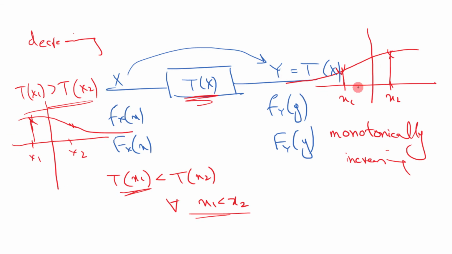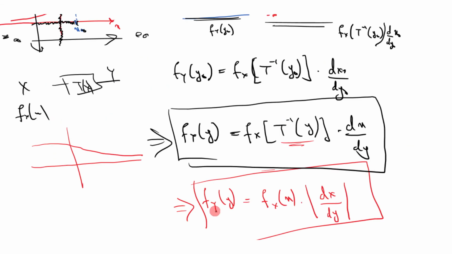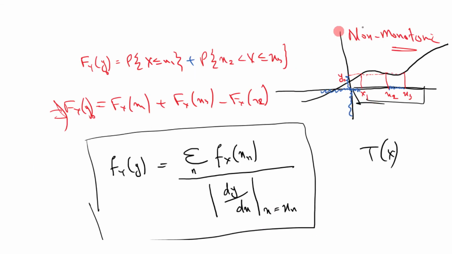For both, the density function of your output fy of y can be evaluated from this expression. And if you have a non-monotonic transformation, then you can find the output density function fy of y from this expression. We have seen two examples, one for monotonic transformation and one for non-monotonic transformation.